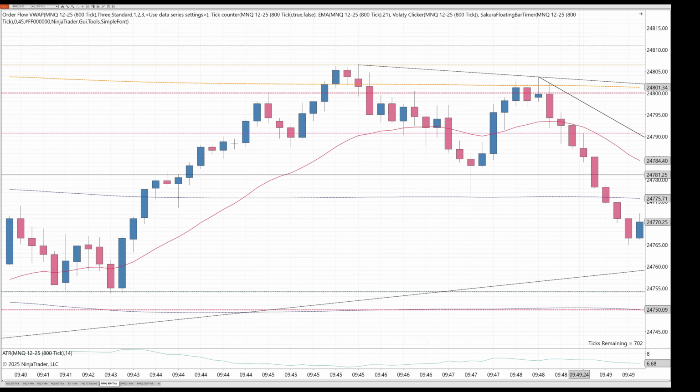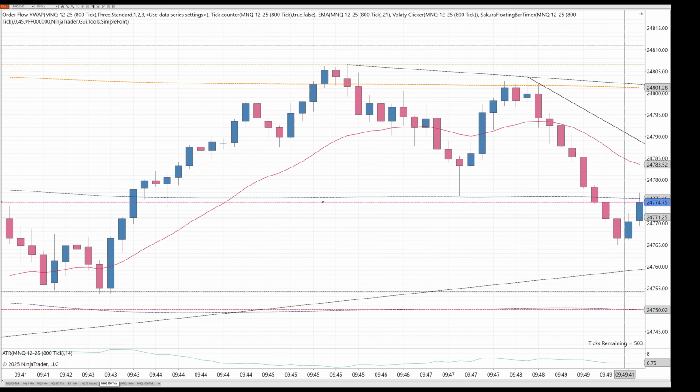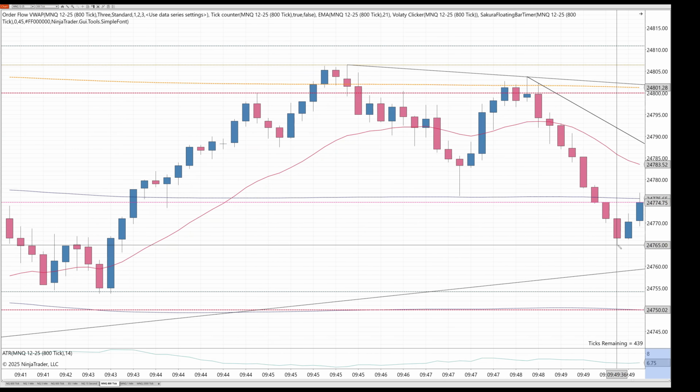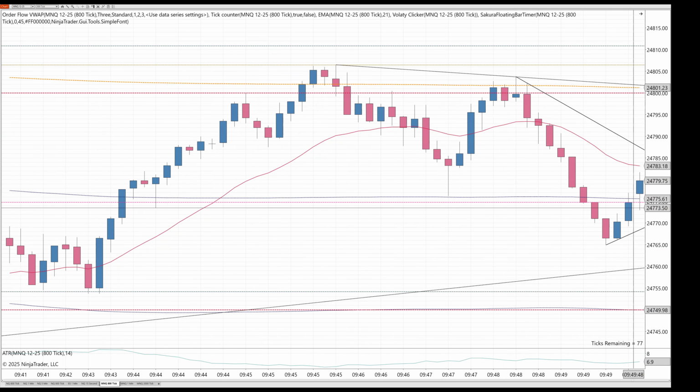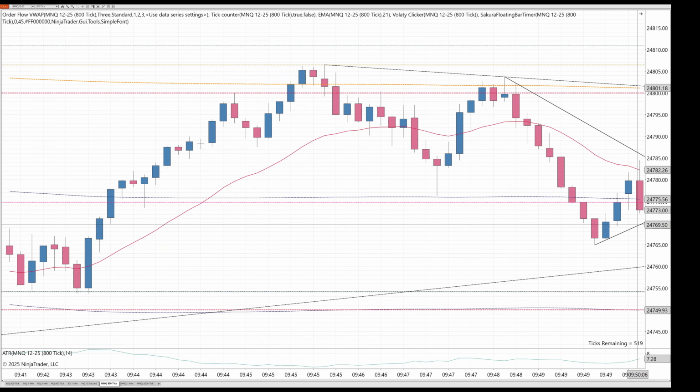Okay, so the runner's still running. Runner is out. This will be a signal to go higher. Problem is we have the EMA and the downward trend line in the way. And you could see, boom, triggered higher, immediate rejection.